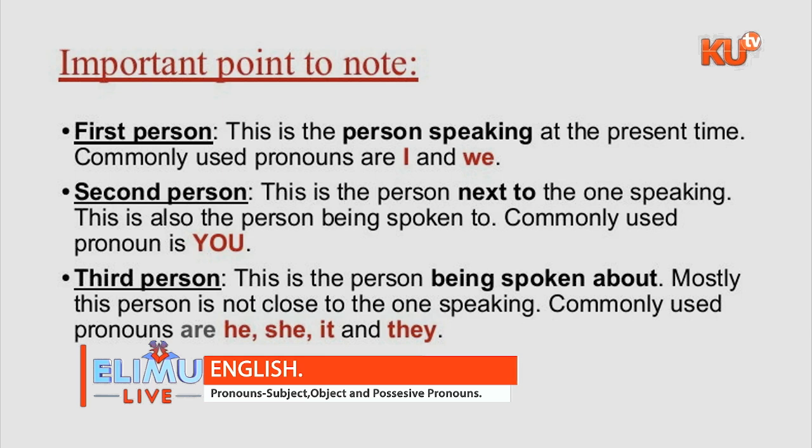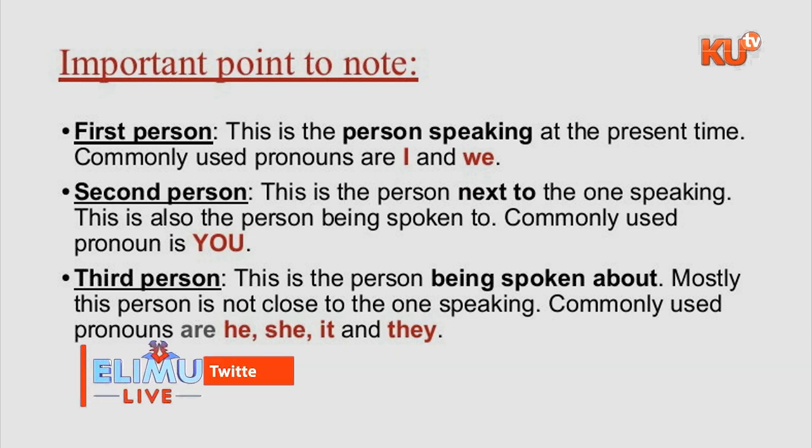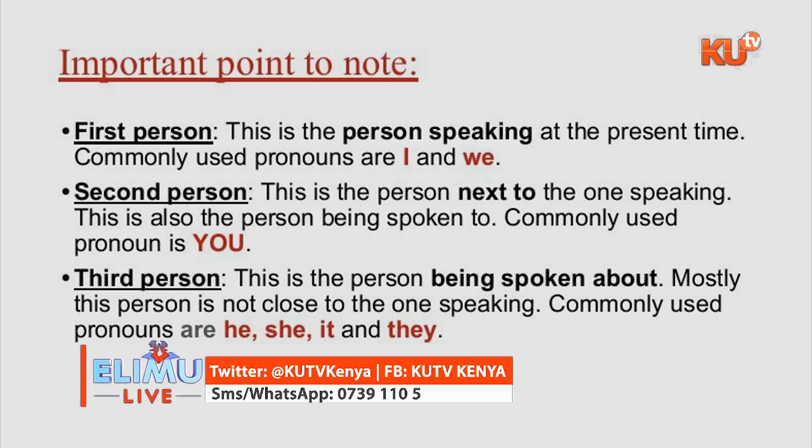Now, what does first person mean? What does second person mean? And what does third person mean? If we talk about first person, it means the person who is speaking. Like in our case, I can say I am the first person because I'm the one speaking.